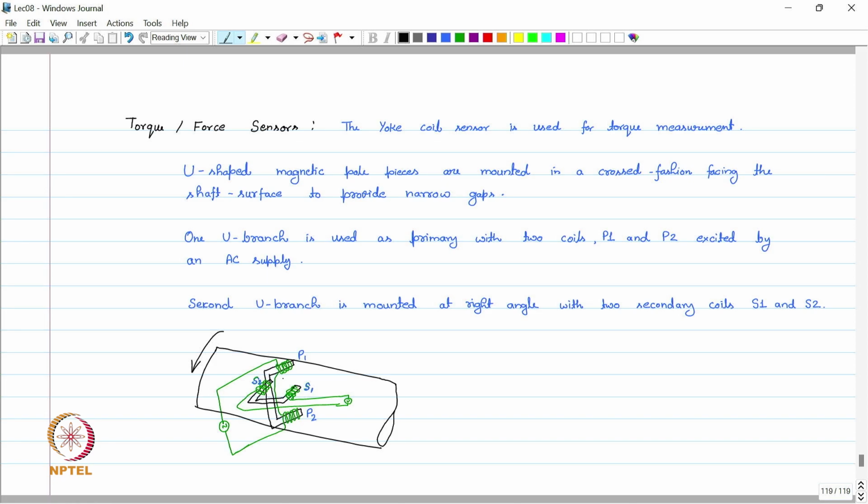Now if we look at all these primary and secondary coils and plot the flux generated by the primary and received by the secondary, these are our primaries, let's say P1 and P2.